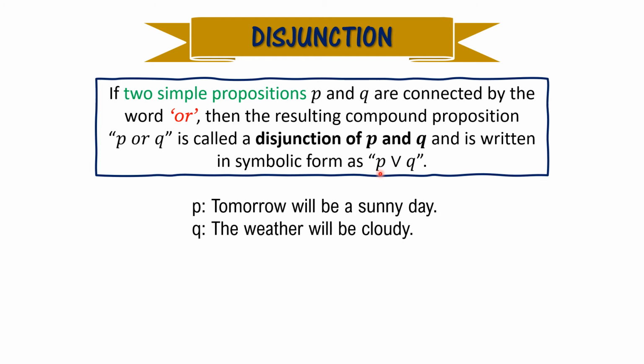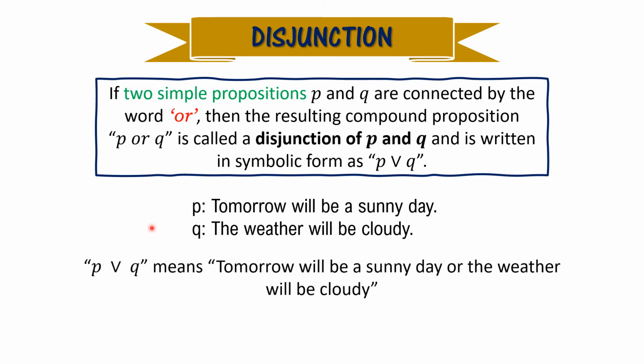Okay, I have here two propositions. Proposition P states that tomorrow will be a sunny day. Proposition Q, the weather will be cloudy. So how can we connect them using disjunction? In symbols, the disjunction of P and Q means: tomorrow will be a sunny day, then after the first proposition, we connect them with the word or, then the next proposition Q, the weather will be cloudy.